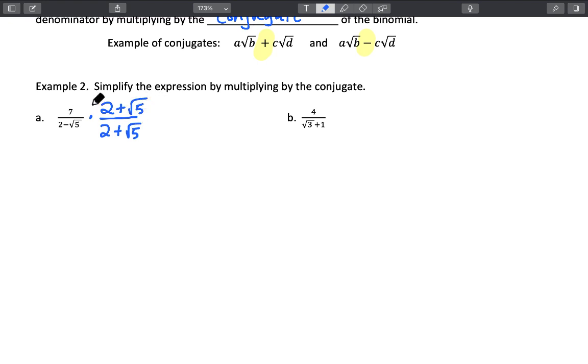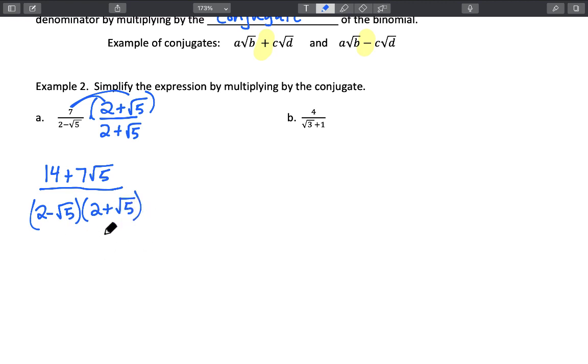So when I multiply 7 to that binomial, I got to distribute to both of those terms. So my numerator will be 14 plus 7 root 5. I can't combine those. I'm going to keep them separate. All divided by 2 minus root 5, one binomial, times the other binomial, which would be 2 plus root 5.